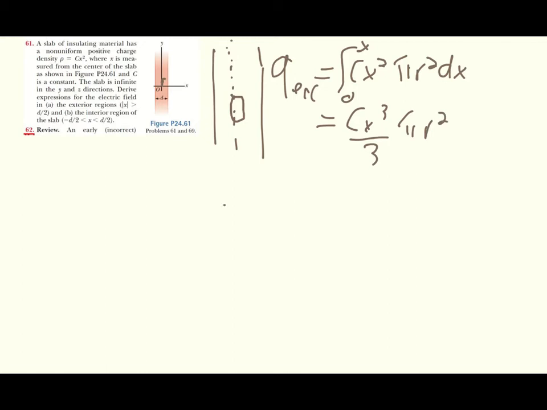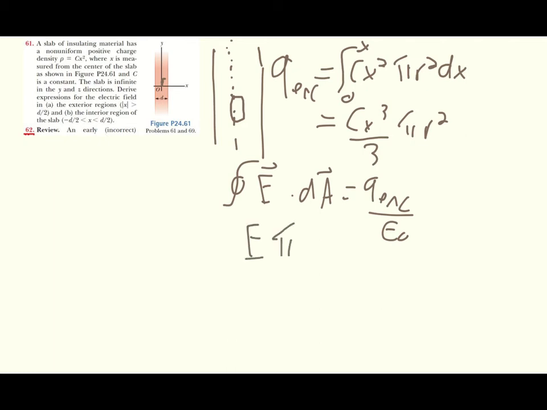It's going to work the same way. We're still going to go back to Gauss's law. So E dot dA equals Q enclosed over epsilon naught, and it's going to be E. Again, remember, it's the same can, so it's going to be pi r squared. It's going to be the area because that's the only part that the field goes through.